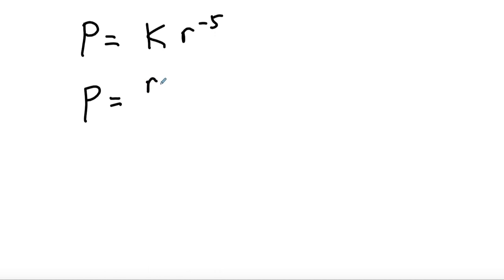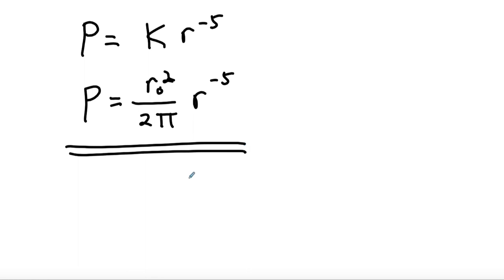So we've got r0 squared over 2 pi times r to the negative 5th, and this is going to give us the absolute probability for any particular distance from the treehouse for Spider-Man. So we're going to be using this in the next screencast to calculate an average value.